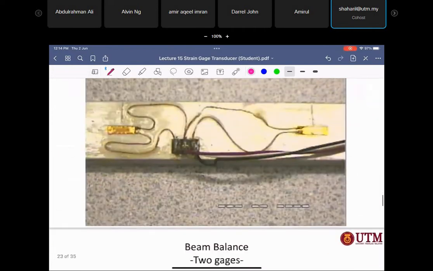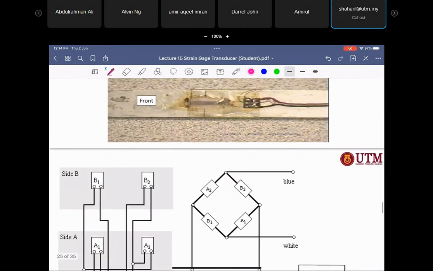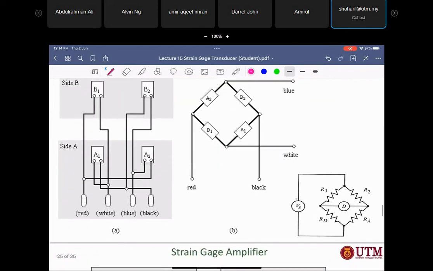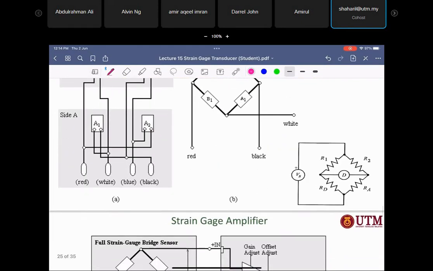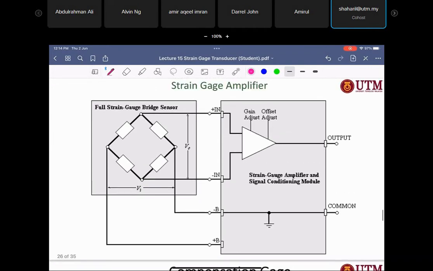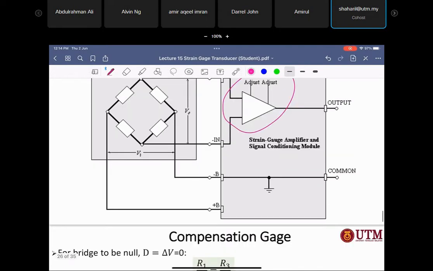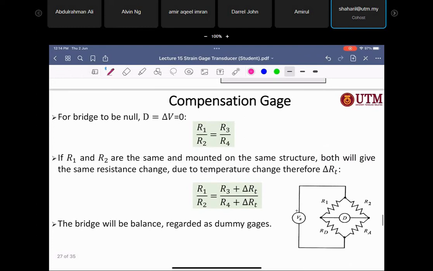The rest is about how you're going to install it. This one is used in the Wheatstone bridge, and when we apply this Wheatstone bridge, of course, sometimes we need a differential, a compensation gauge.